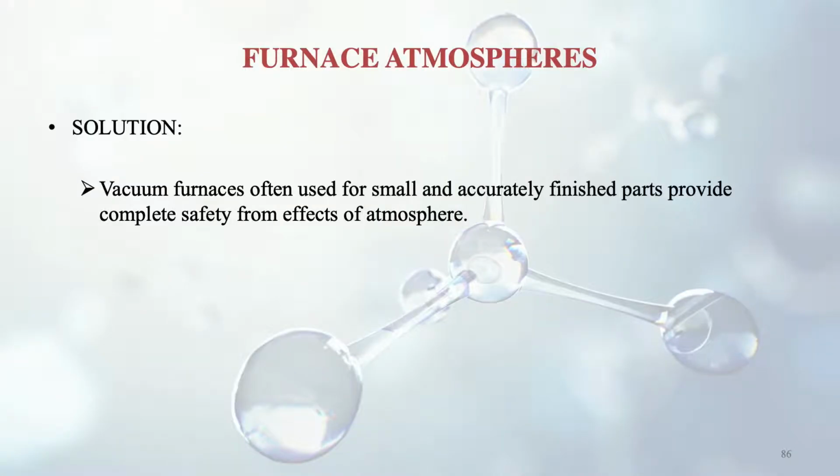So what can be the solution if we are using atmospheric air? The solution is that vacuum furnaces are used for small and accurately finished parts, and they provide complete safety from effects of atmosphere, because then there are no impurities. In vacuum there are no gases, no oxygen, no carbon, so obviously it will not affect the specimen.